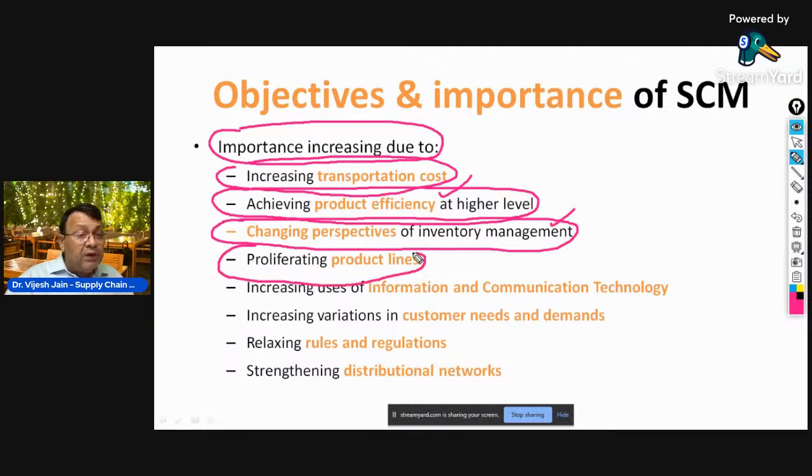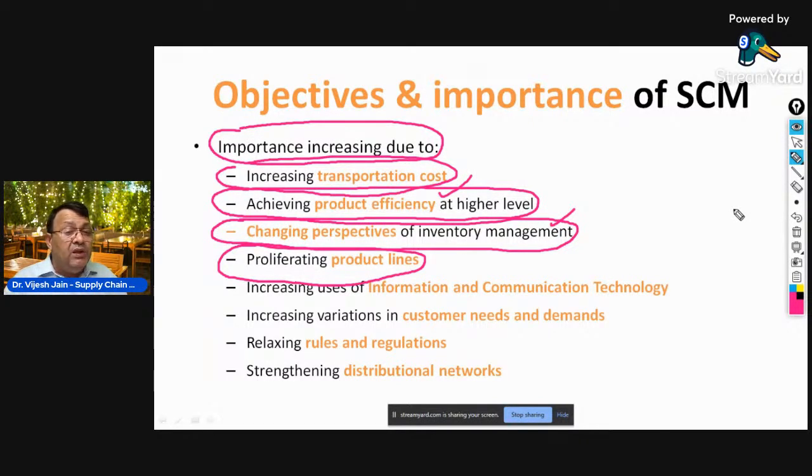Proliferating the product lines. So proliferating the product lines means that the range of products that are required to be produced and supplied internationally. So the importance of supply chain management comes here in making it possible. Such a wide range of products.